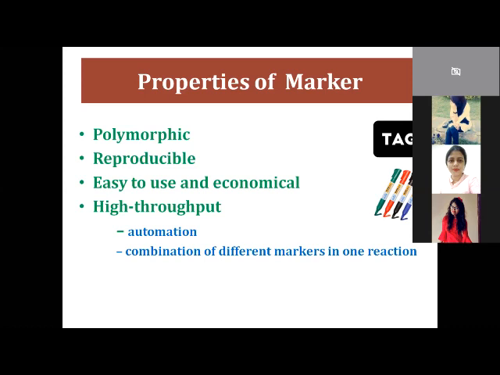Economical means the test cost should not be very high. If your marker is not economical, not cost effective, you cannot apply that marker to analyze a large number of individuals, a large population or a huge stock. So a property of a good marker is that it is easy to use, meaning it doesn't require a very high level of expertise.